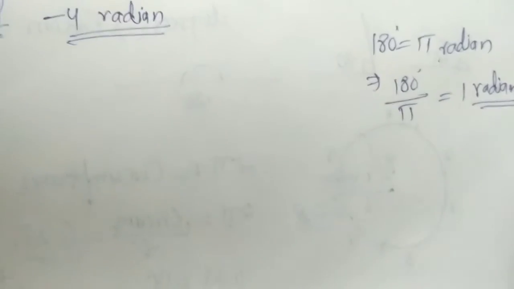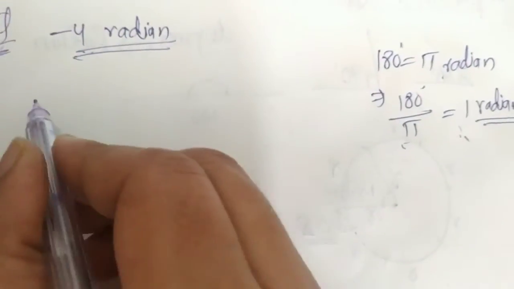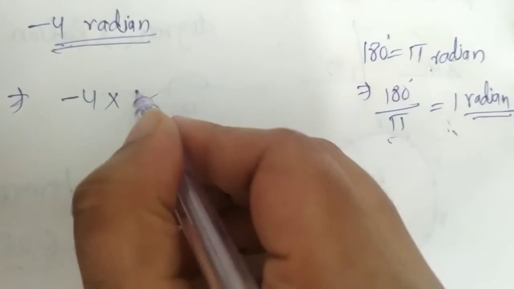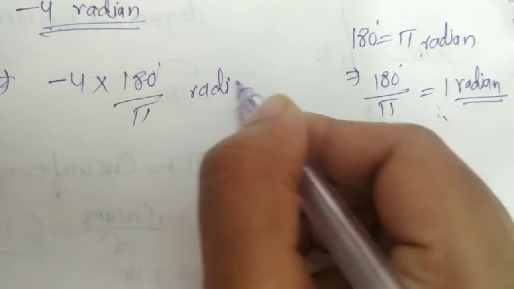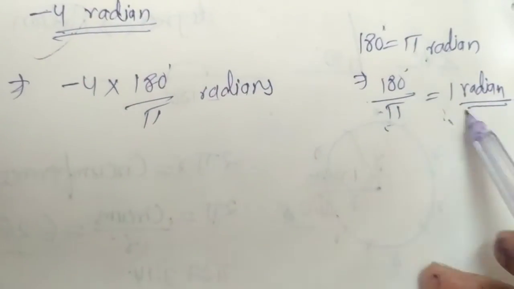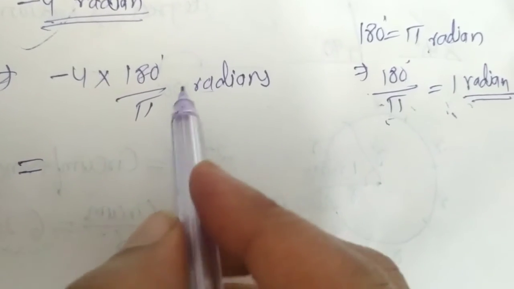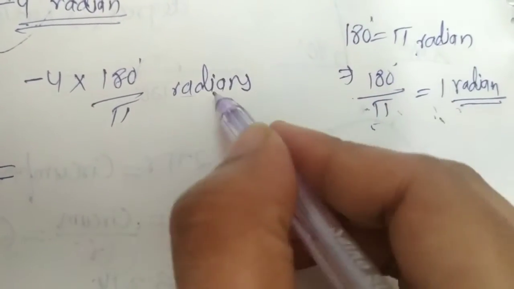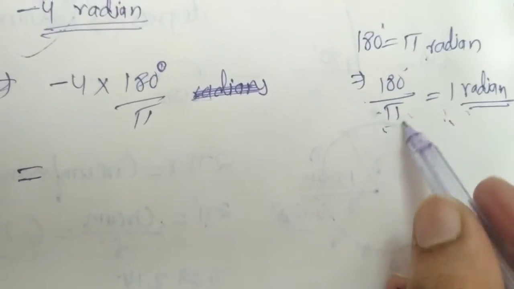So I am multiplying by minus 4 on both sides. So I have minus 4 into 180 upon pi degrees. Sorry, this is already given in radians, and we have converted it to degrees.